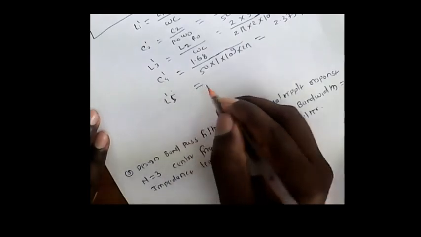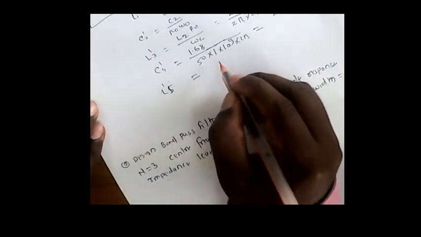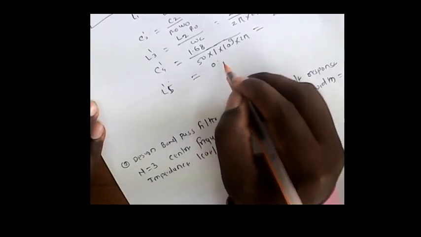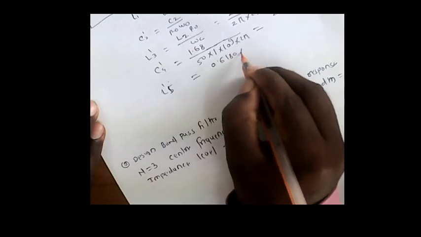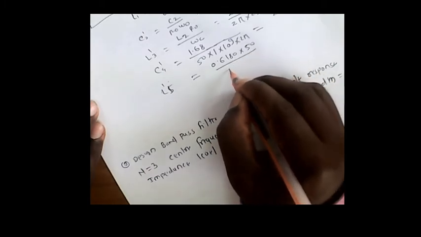Similarly, we can calculate L dash 5. So L dash 5 is equal to 0.1680 G5 into 50 divided by the cutoff frequency 2 pi into 2 GHz, 10 raised to plus 9.